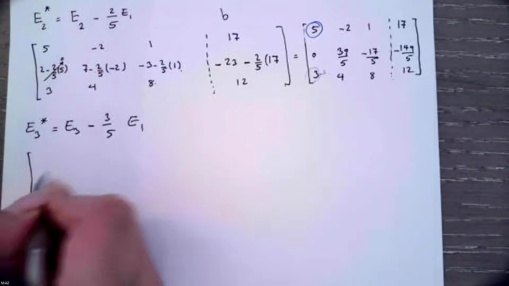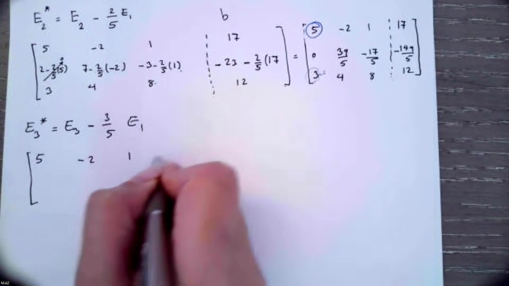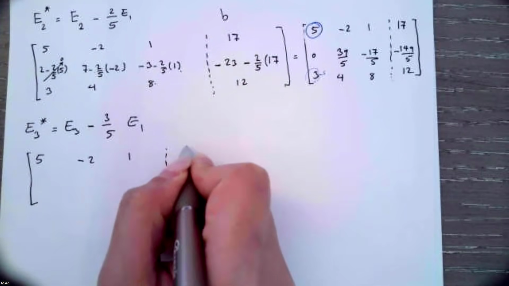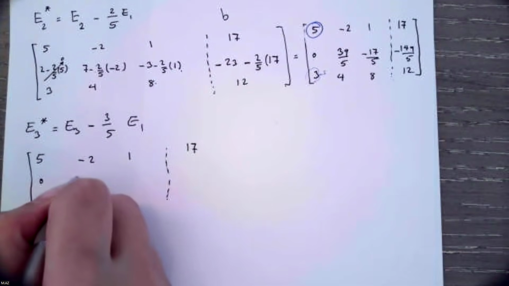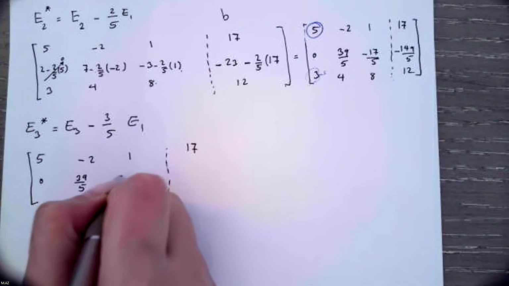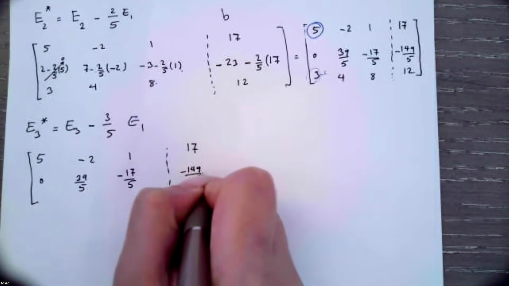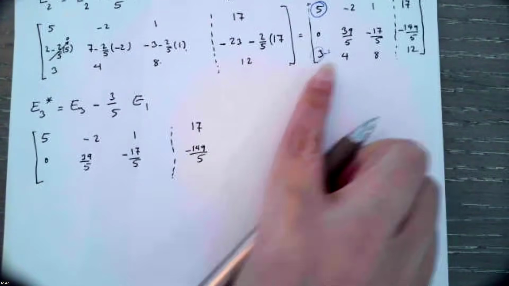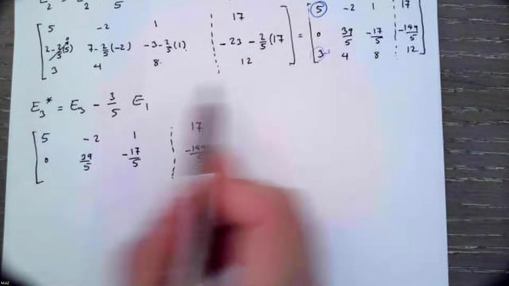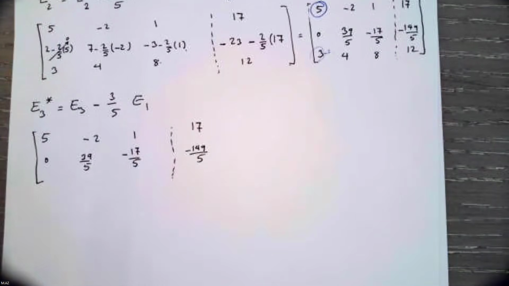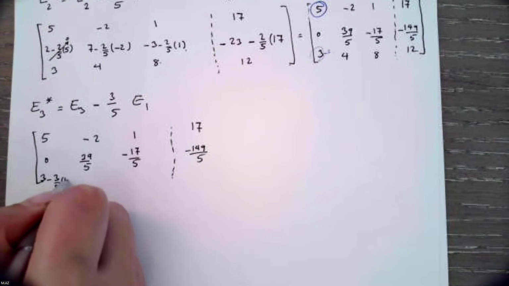Once we apply this to this equation, this is the first row. This is about the second row. And now we have to find equation 3 based on this. Okay, we have 3 minus 3 over 5 times 5.